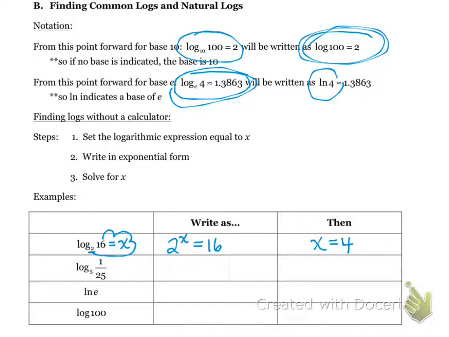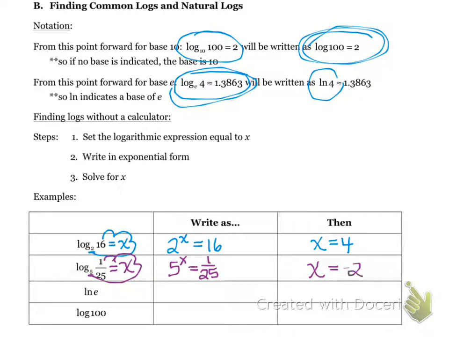All right, down here we have 5 to the x equals 1 over 25. So there's 2 ways you can approach this one. You can know that for you to have a base of 5 and it to become a fraction, that it has to be negative. And what makes 5 25 is 2, so x would be negative 2 here.